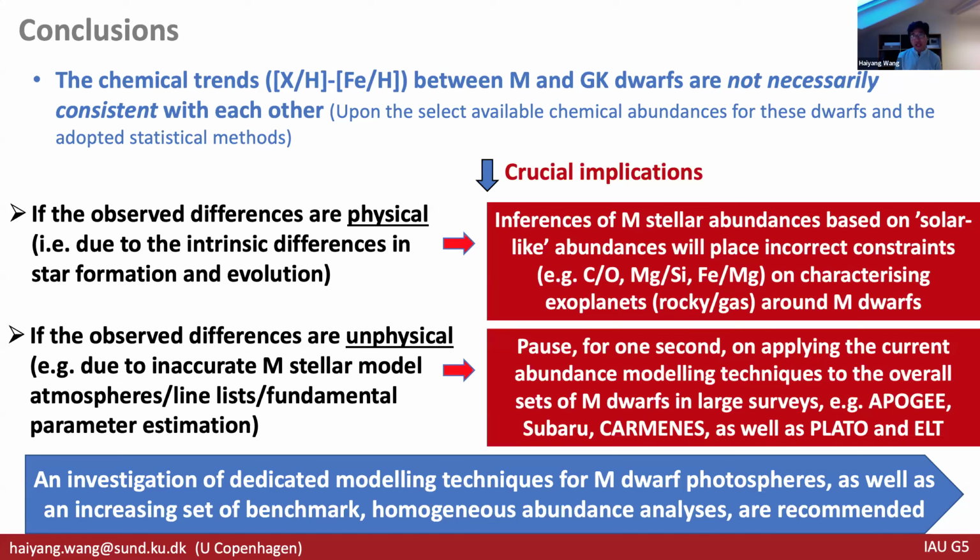As I mentioned, the M-dwarf data use the MARCS model, and they are potentially calibrated for solar-like stars. Even with the same model, like MARCS, you have different line lists across different pipelines and across different surveys.